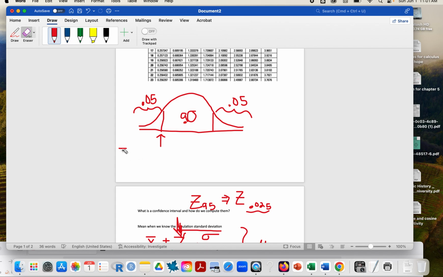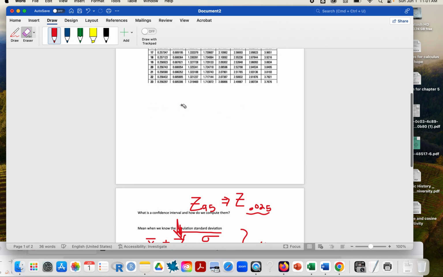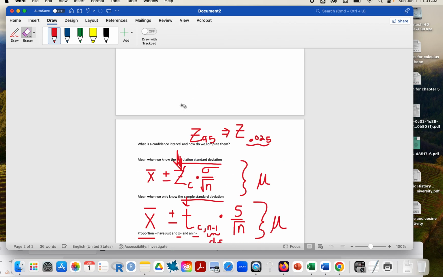If you were to do 100 samples, you would have, most likely, 100 different sample means or 100 different sample proportions. And then building off of that, you work to the left and you work to the right using these multipliers and the values that you're given.